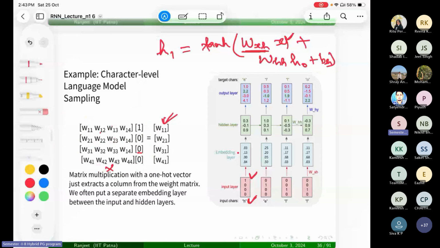So in the output you will be getting just these values, W11, W21, W31, W41, only these 4 things. So this is the problem. Why is this a problem? Because for getting the output, not every value of this W matrix is getting involved, and that's the problem.